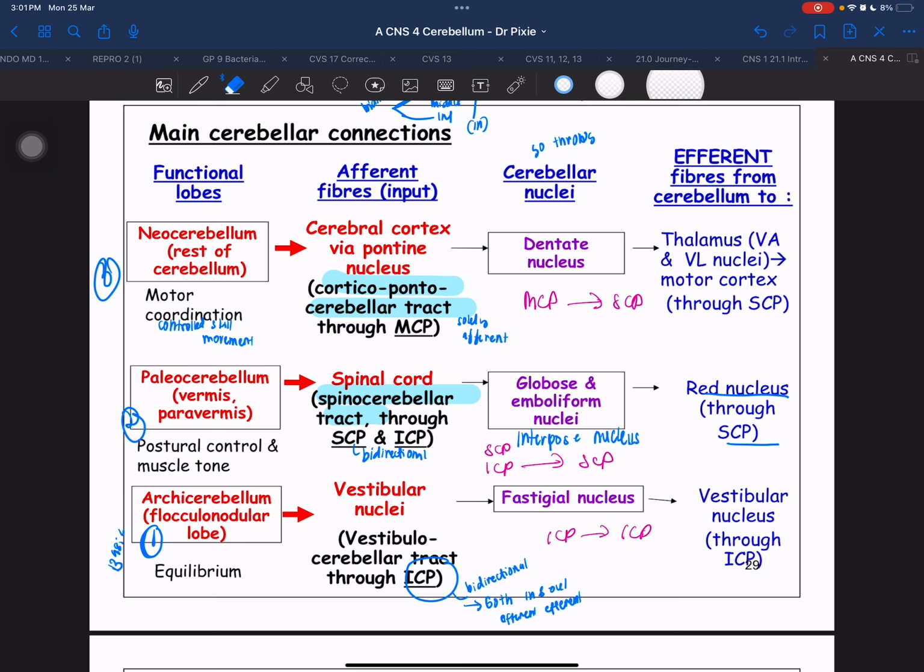MCP exclusively, only in and no out. SCP has both in and out. ICP has both in and out. But the MCP is only for input, and dia akan pergi dentate nucleus. Selepas dapat nasihat, dia keluar. Bila dia keluar juga melalui SCP and kembali ke cortex. Then only you start to execute.